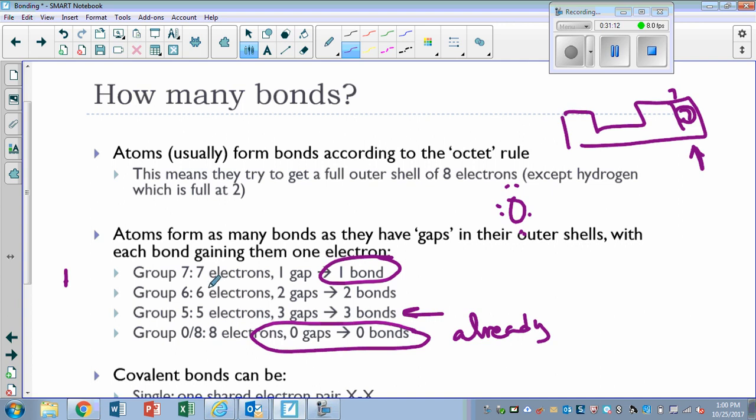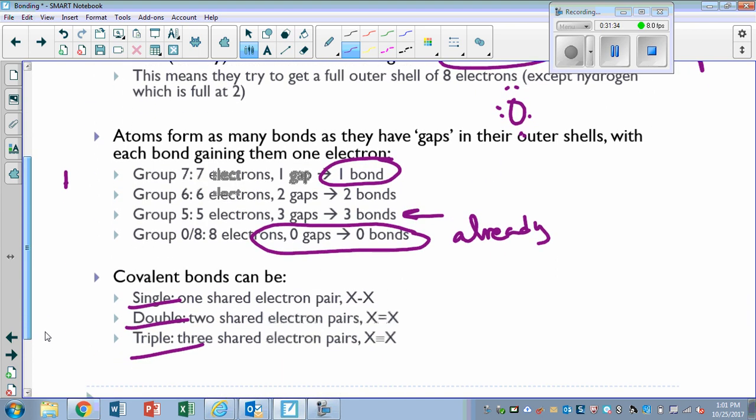So we can easily figure out which group is going to make how many bonds based on the octet rule. The octet rule tells you that the outermost energy level is only stable with 8 electrons. To get the most stable electronic arrangement, elements tend to have 8 electrons in the outermost ring.